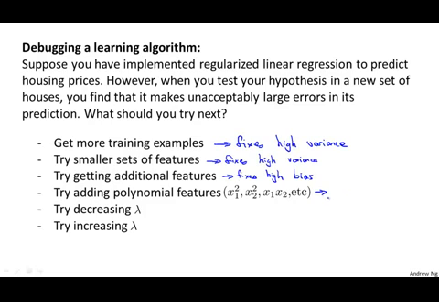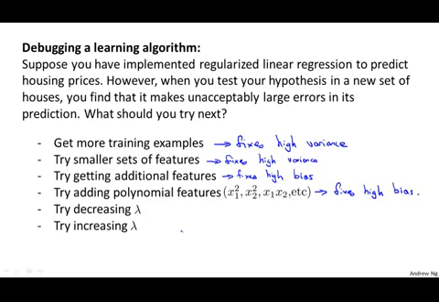And similarly, adding polynomial features is another way of adding features, and so that's another way to try to fix a high bias problem. And if your learning curves show you that you instead have a high variance problem, then again, this is maybe a less good use of your time.